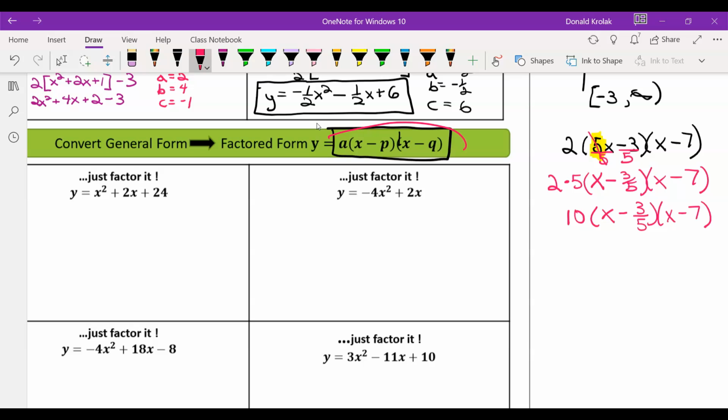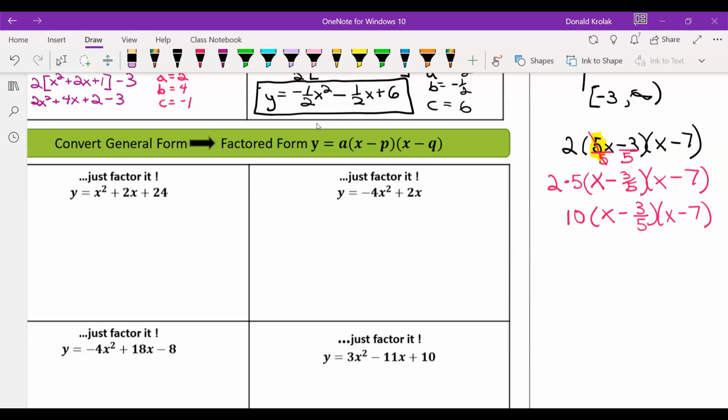Now it's in the correct form. Okay, yes. Correct. The x's have to have a coefficient of 1. Coefficients are numbers in front of letters. That's a coefficient. So the coefficient needs to be 1.